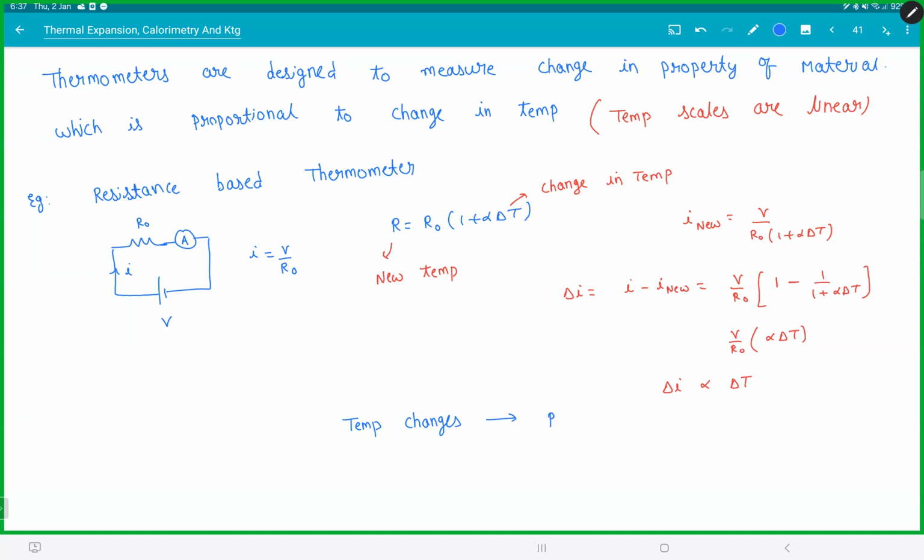Temperature changes, resistance changes, and this gives you the current change. So this is how you construct it. You have to make it very sensitive. Even for a small temperature change of 2 to 3 degrees, you should get a decent amount of current. The system doesn't know what temperature is.